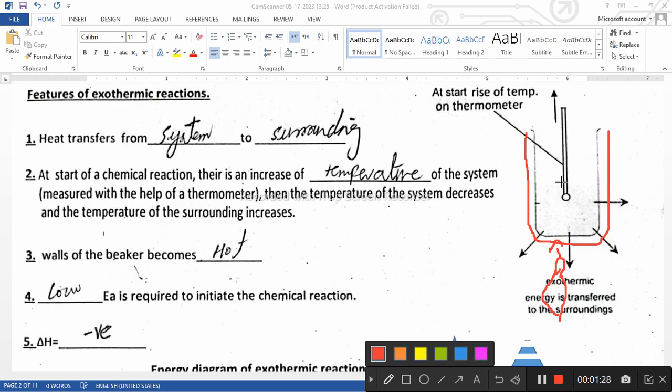Firstly, the temperature of this system will increase, not permanently, initially. Then when some time has passed, the temperature in the surrounding will increase and the temperature of the system will decrease.